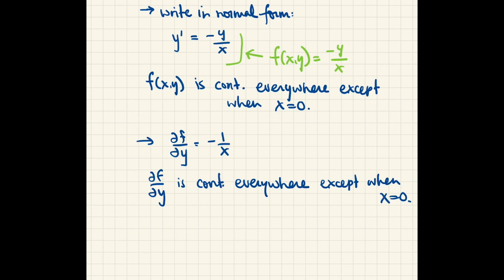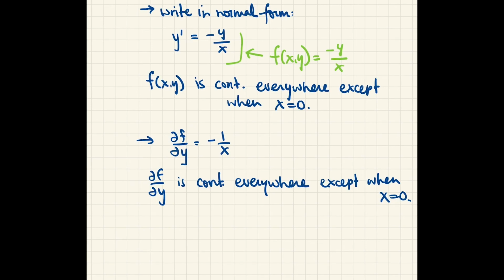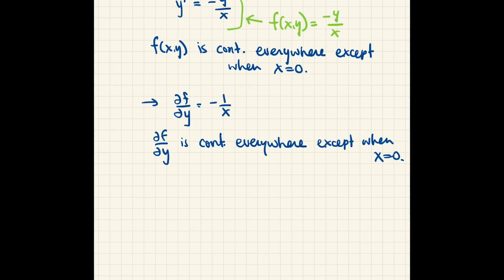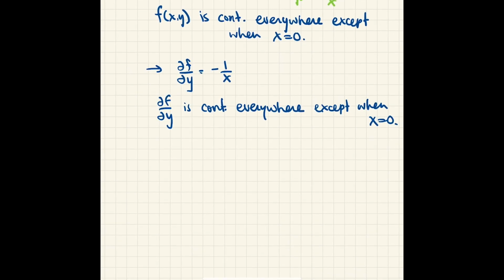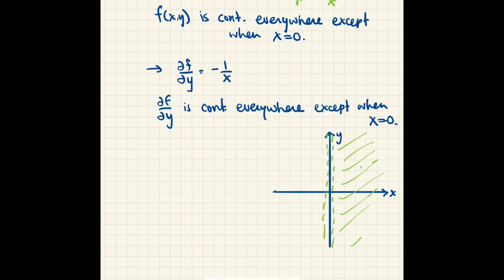So we just rule out wherever x equals 0, so that's the right and left half planes that are the good guys. So the visualization of that would be something like this. We're just going to rule out everywhere x is 0, and everywhere else is a good guy.